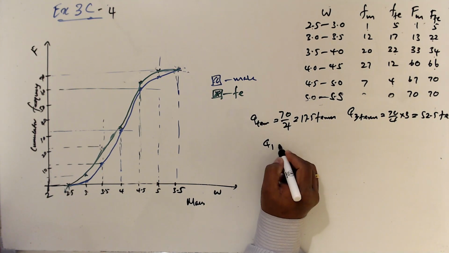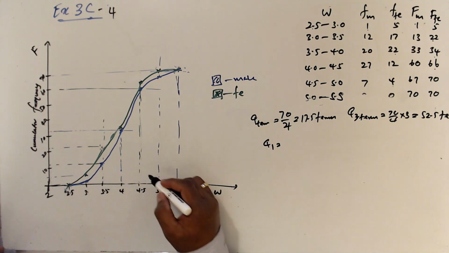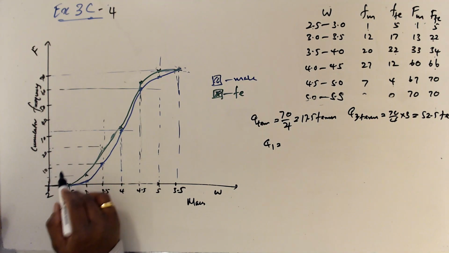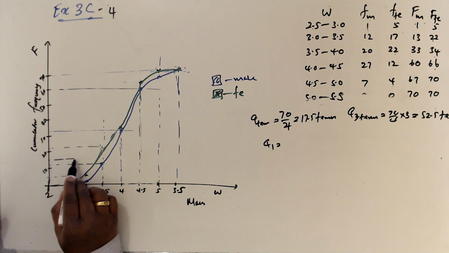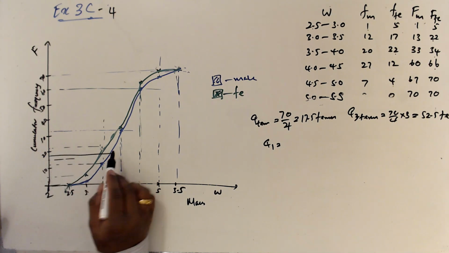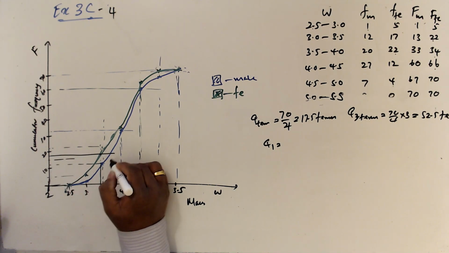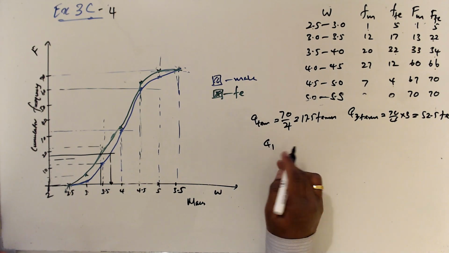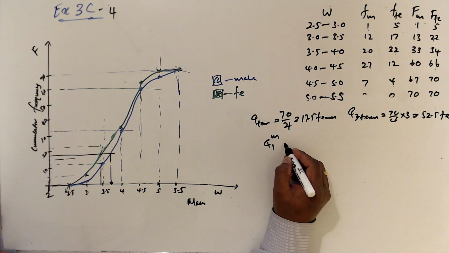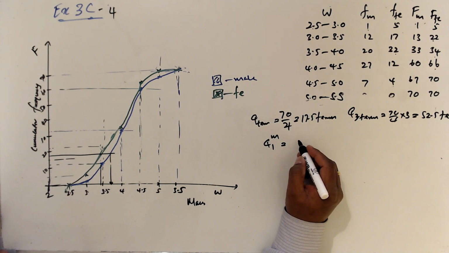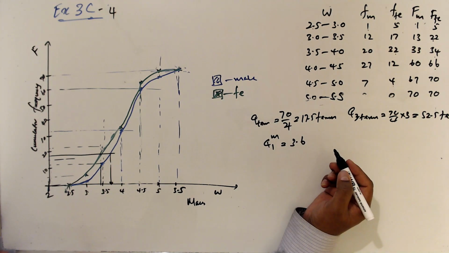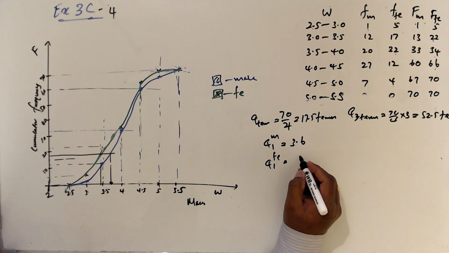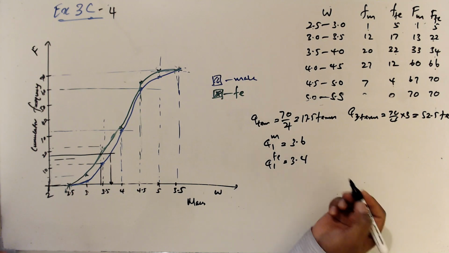Now Q1, the 17.5 term, this is 15, the 17.5 term, this one and this one. So Q1 for male is going to be 3.6 and Q1 for female is going to be 3.4.